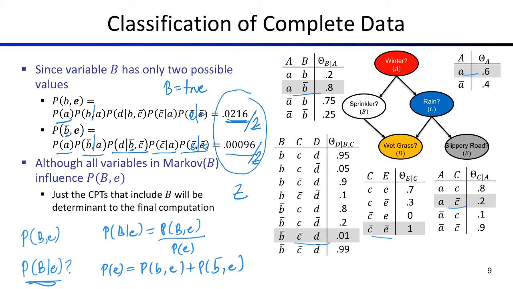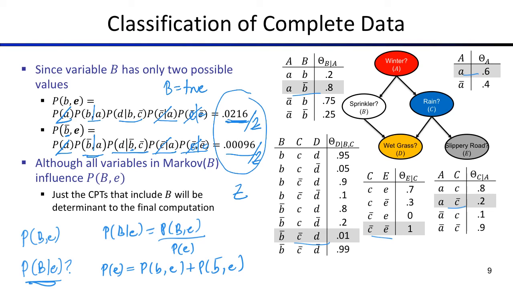We have the same term P of A. So we can cancel this because as we are comparing the two values, it's not going to change anything for us. These two terms here we cannot cancel because one depends on B and the other one is not B. The same thing for here. Here it doesn't matter. It's going to be a constant that is multiplied in both equations, and here also a constant.